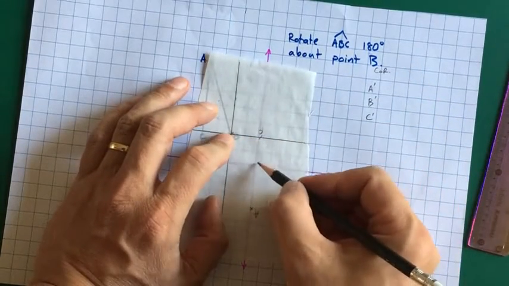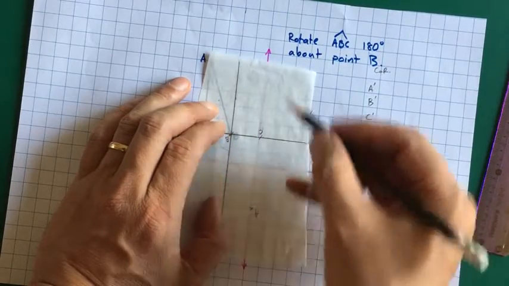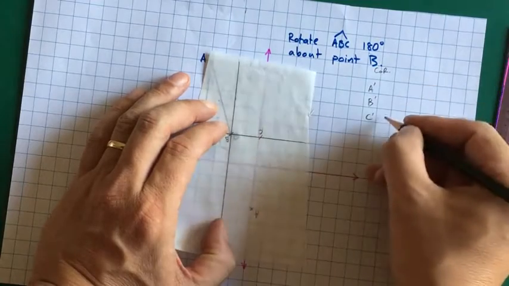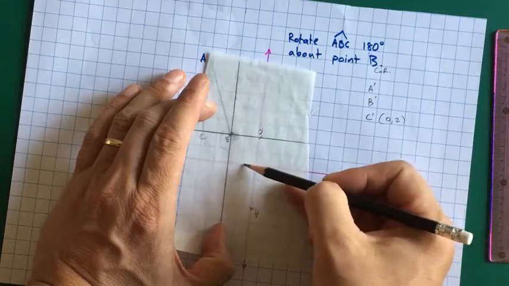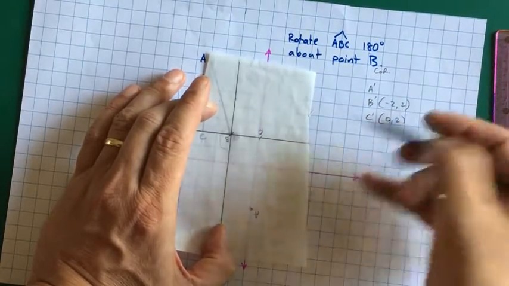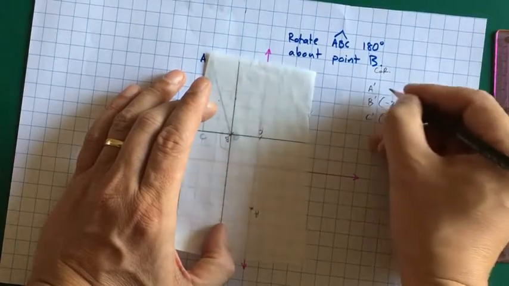I use the original axis lines to do the coordinates. So C dash is 0, 2. What about B? It's minus 2, 2. And A is all the way down here, 0, 3.